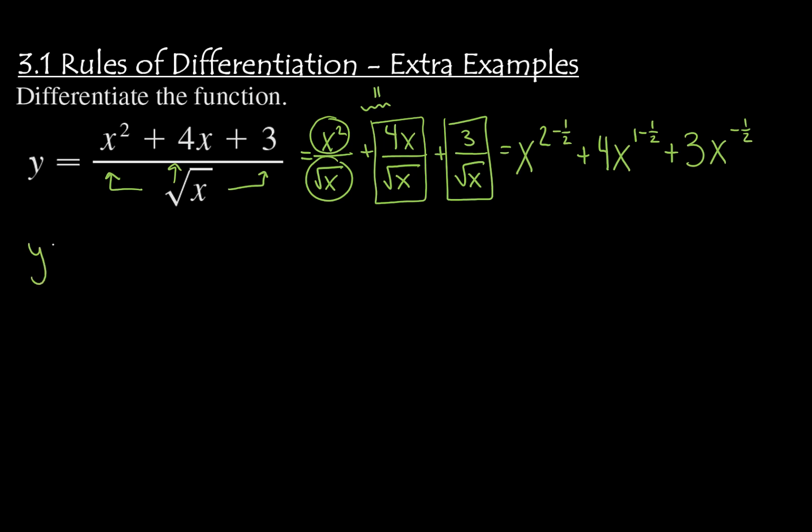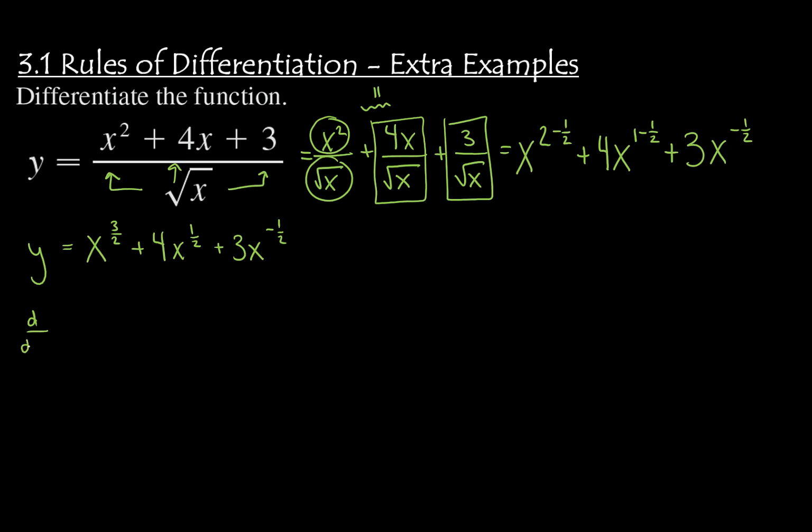All right, so then I'm just going to rewrite these in final form. 2 minus 1/2 is going to give me 1.5, which is really 3/2. For the next one, 1 minus 1/2, that's just going to give me 1/2. And for the last one, I've already got that written down to the negative 1/2 power.